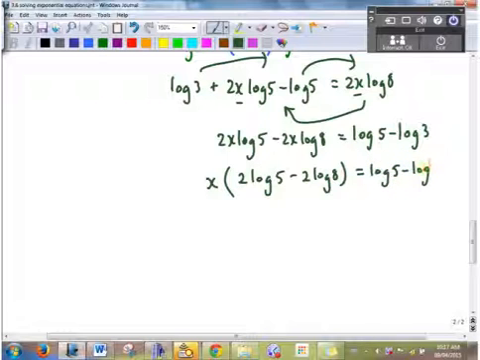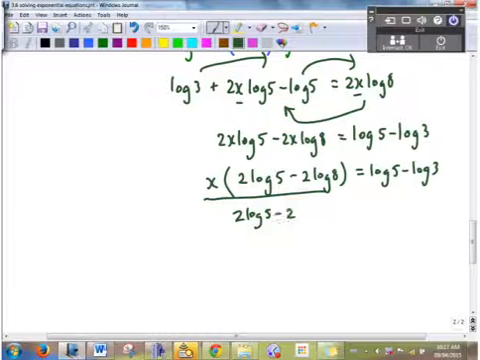Still got that. Last step, how do I get x by itself? Divide away all this garbage. And yeah, I could factor that 2 out. Whatever you do to one side, do to the other side.